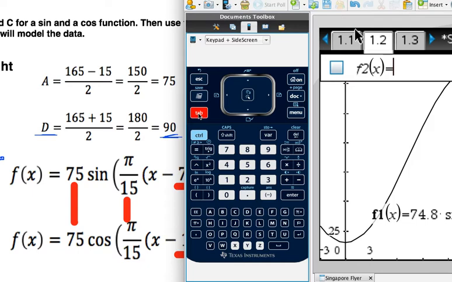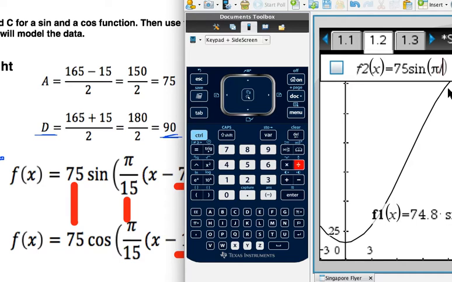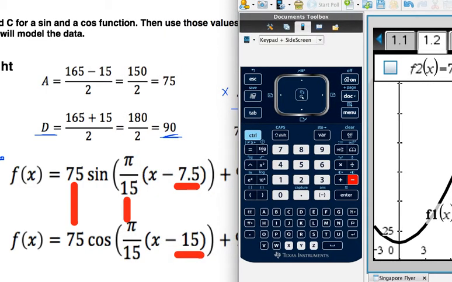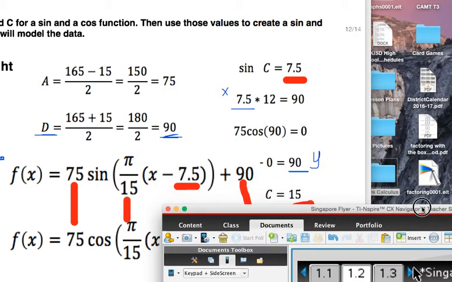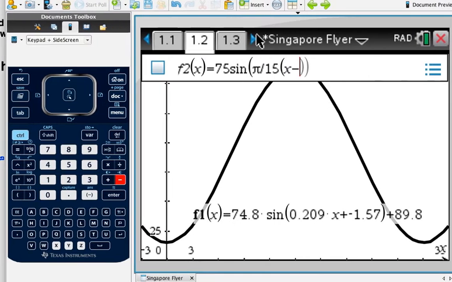And it's going to be 75 times sine of pi over 15, pi divided by 15 times x minus, see, it was minus 7.5, and then plus 90 at the end.